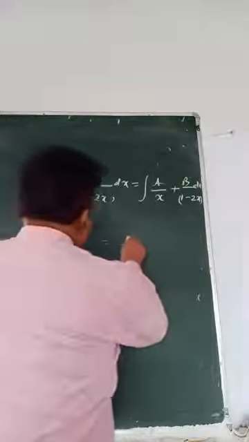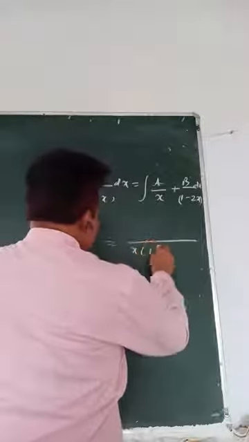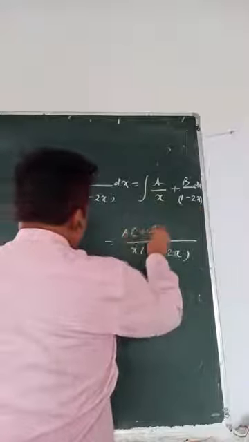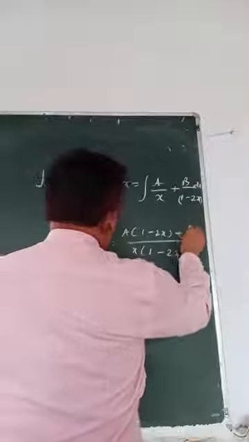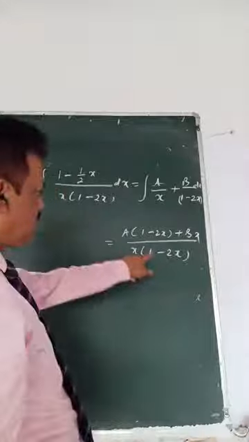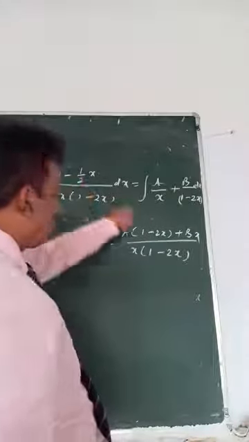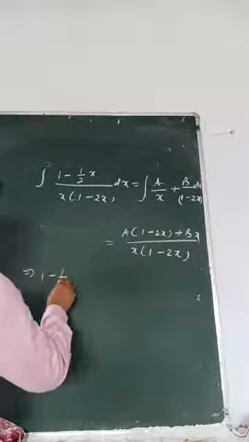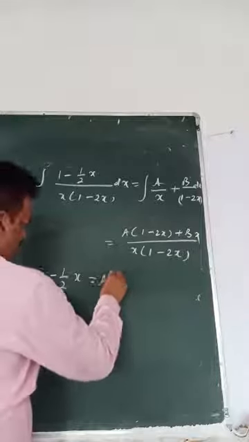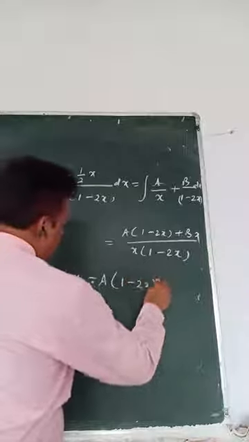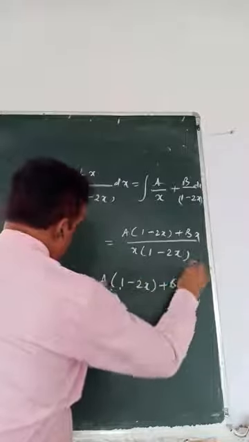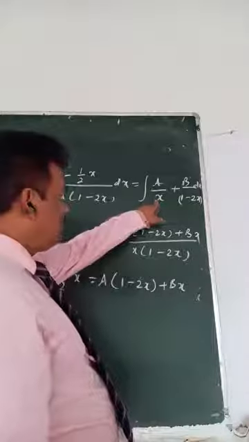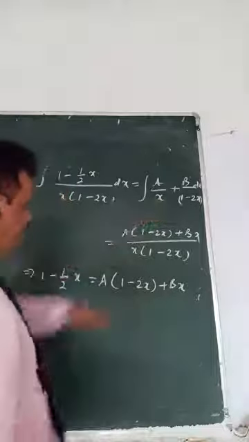So what will you get? LCM is x into (1 minus 2x). This is A into (1 minus 2x) plus Bx. Since denominator equals denominator, numerator equals numerator. So it implies 1 minus half x equals A into (1 minus 2x) plus Bx. I told you the technique. What will we put? This will be 0, that means we will put x is 0.